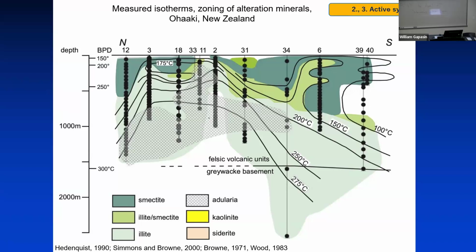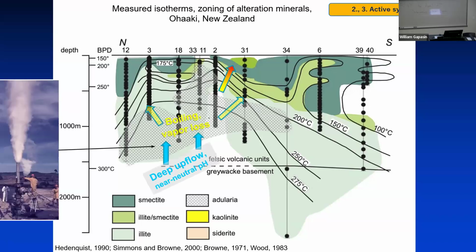We have adularia in the upflow zone, basically in the upflow boiling zone, depositing adularia with illite, basically defining the 200-degree isotherm, illite-smectite and lower temperature smectite being on the margins, the carapace, smectite stable at less than 150 degrees. Exactly what you predict. If you eroded this, that alteration pattern would basically be directed towards the upflow zone.